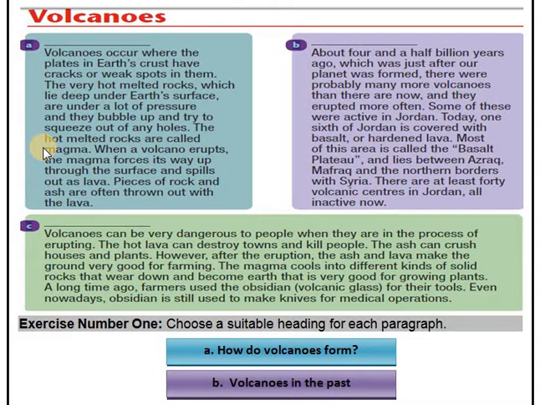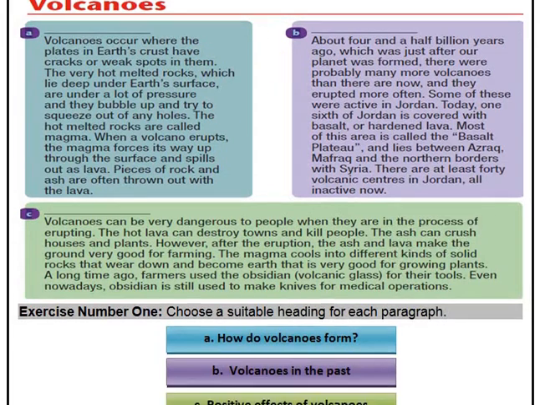هلا عندما يثور بركان erupts يثور, الماجما تشق طريقها للأعلى عبر السطح وتخرج على شكل حمم as lava, على شكل حمم بركانية. طبعا عندنا قطع من الصخر والرماد عادة تندفع مع اللافا. Okay, what do you think the suitable heading for this paragraph A?